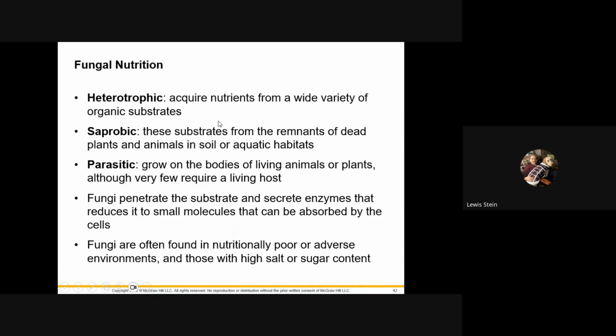They're like us, they eat stuff that we do. That's what heterotrophic means. We talked about the fact that they were saprobes, they live on dead stuff. Okay. And parasitic, typically we don't see them, like athlete's foot would be an example, on a living host. It's not necessarily as typical as you would think.